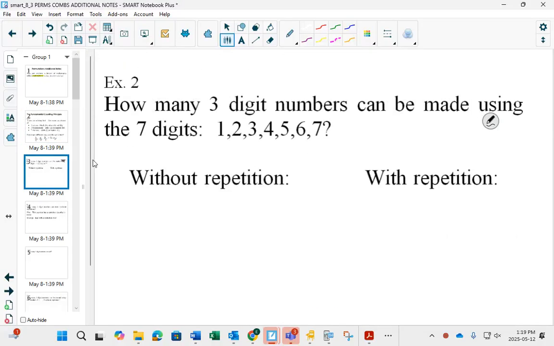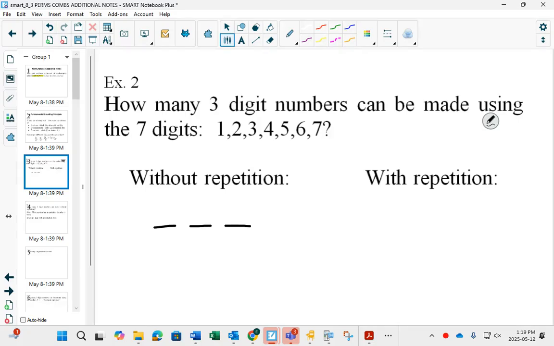Now, something that comes up is sometimes you're allowed to repeat numbers, and sometimes you're not allowed to repeat numbers. So in the cases where you are not allowed to repeat things, it's different than when you're allowed to repeat them. So if you had a 3-digit number, this would be 3 decisions. And then we have a choice, how many numbers could go first?